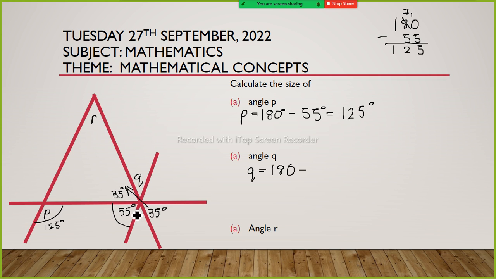And if this is 55, this must also be 55 degrees because they're vertically opposite. And we know 35 plus Q plus 55, all of them must add up to 180 degrees because angles at a straight line at a common point add up to 180 degrees. So we add 35 and 55 together.